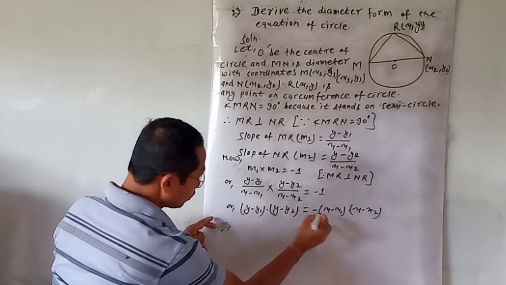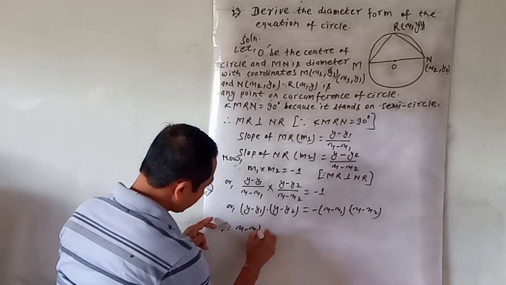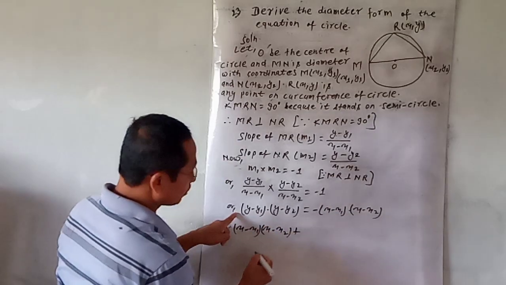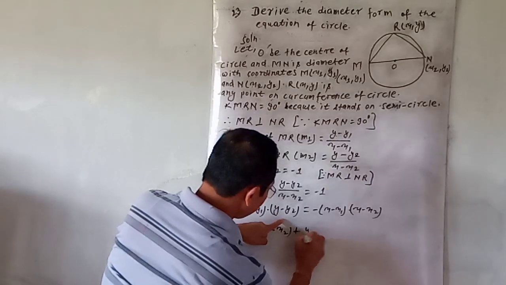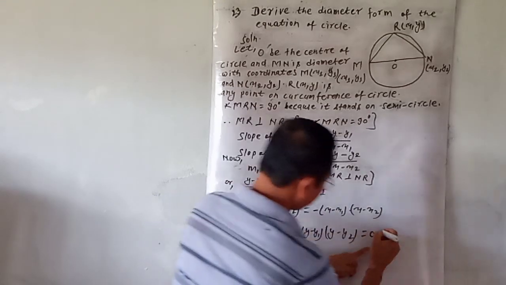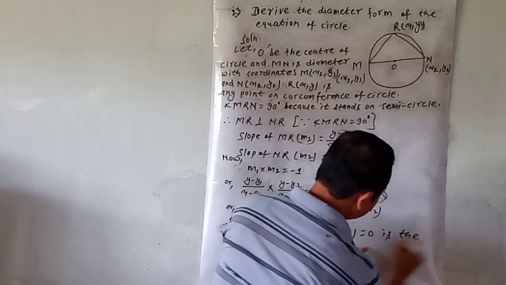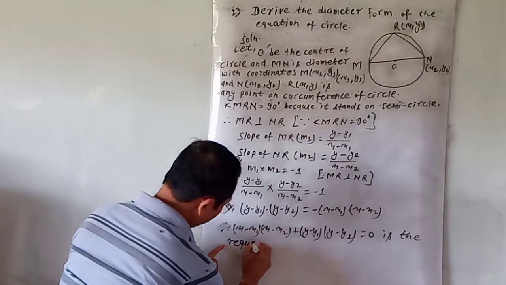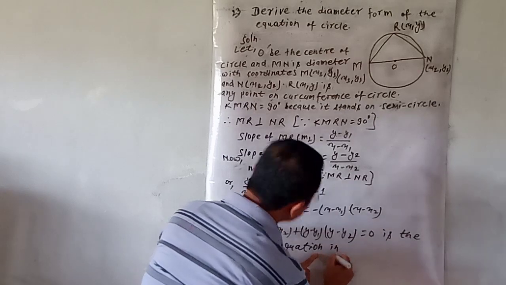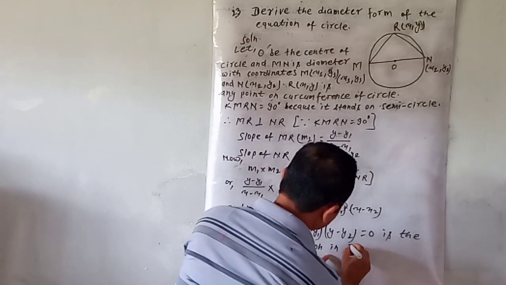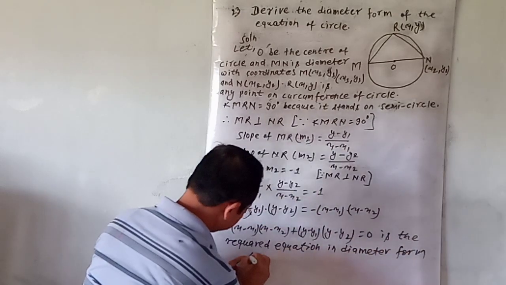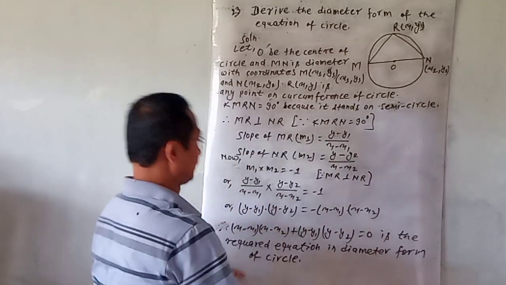Therefore, (x minus x1)(x minus x2) plus (y minus y1)(y minus y2) is equal to 0, which is the required equation in diameter form of the circle.